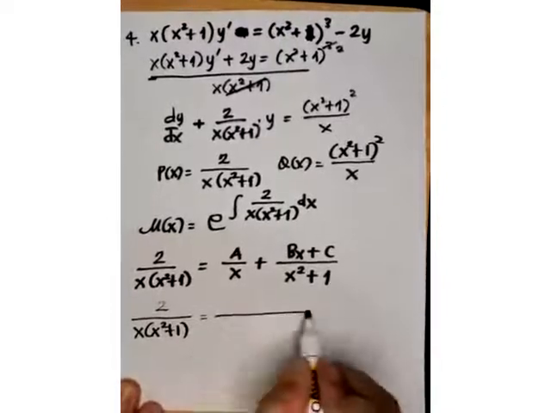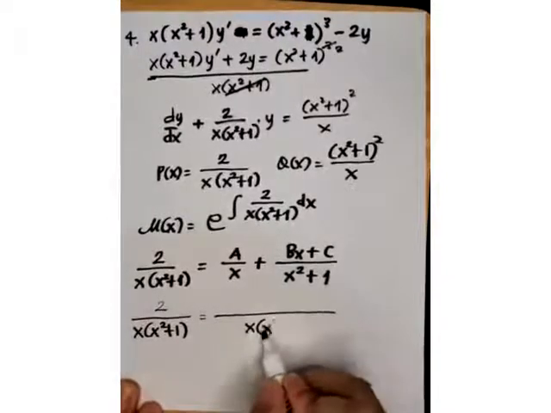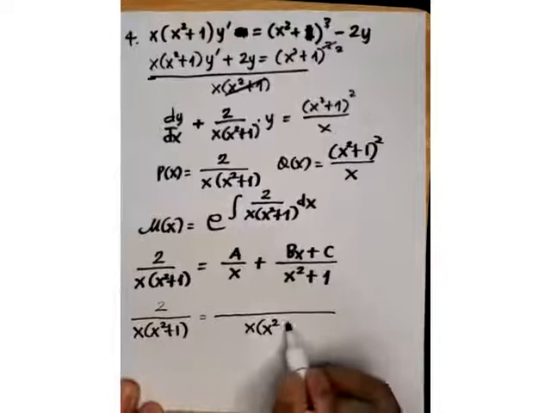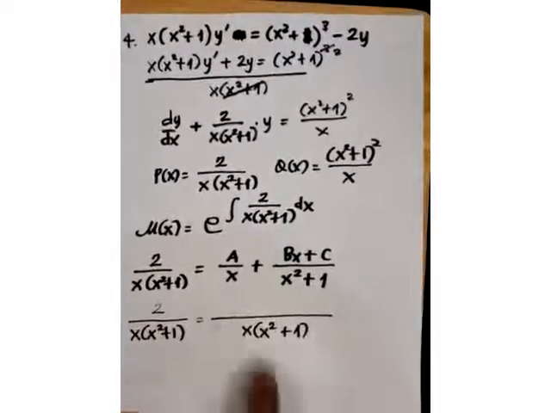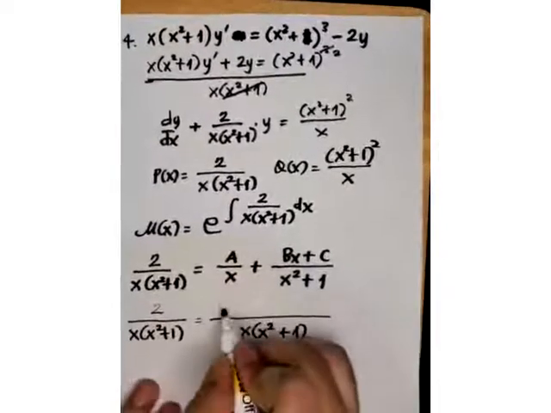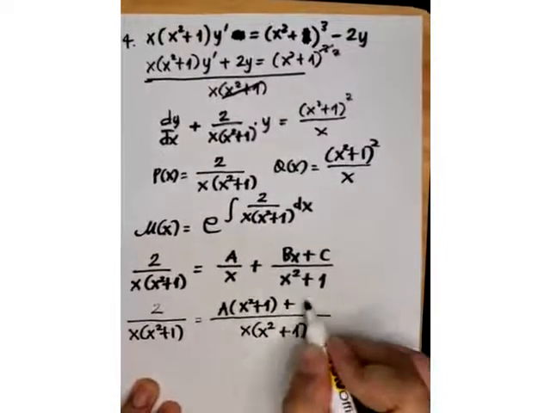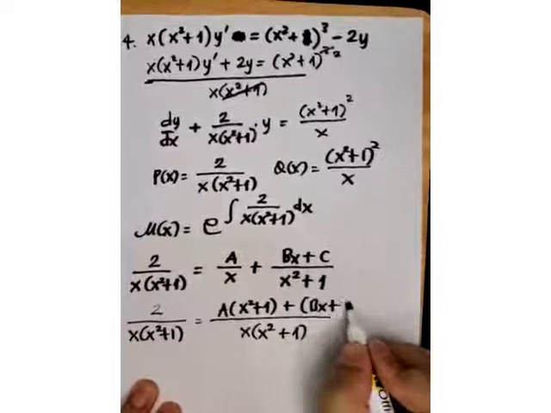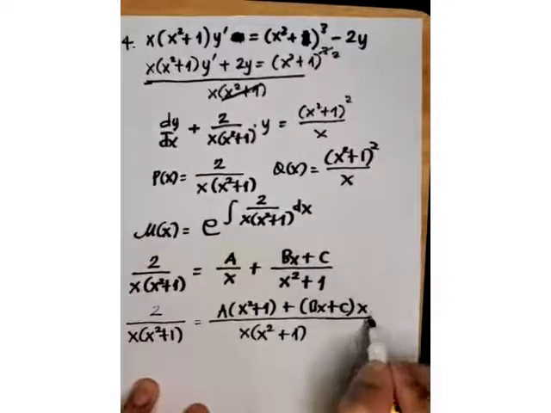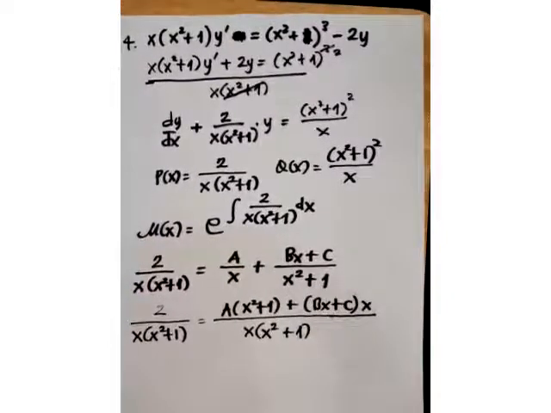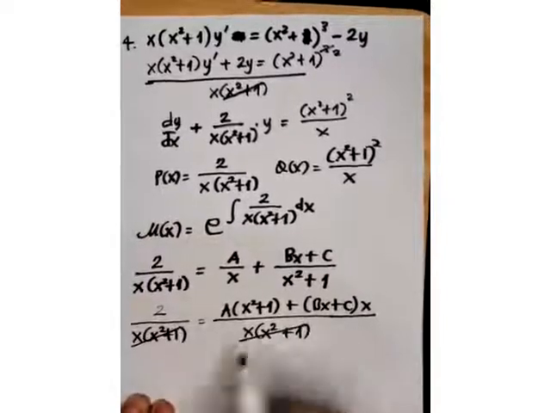Siyempre, dapat same sila nung denominator dito. So this divided by this, so that is a times x squared plus 1 plus quantity bx plus c times x. Okay, and then we cancel the denominator.